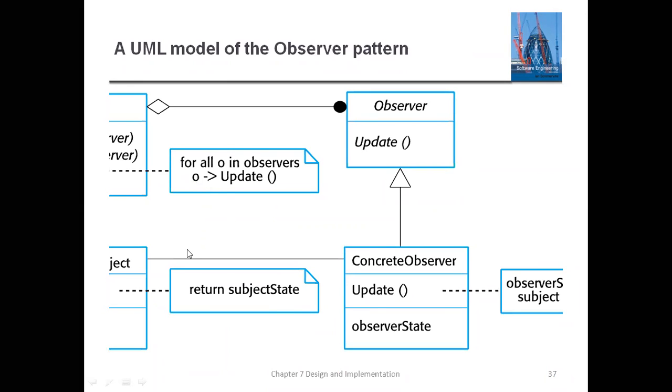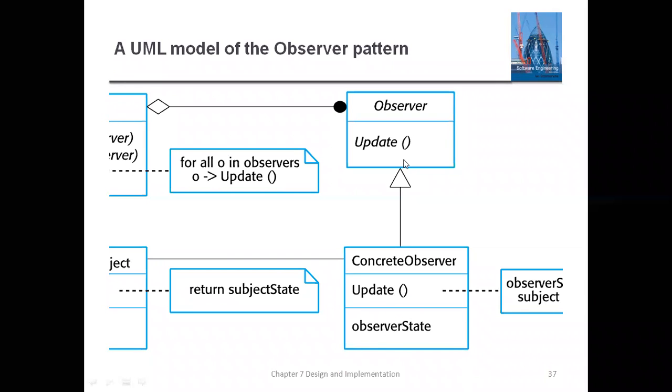If you want to do the UML model for this, how are you going to do it? Some of the server will be here, some of the objects will be here. The observers have to observe here. If they get something, they are going to update it. If you want to return some state, delete some state, or alter some state, you can do that, and you update over here.